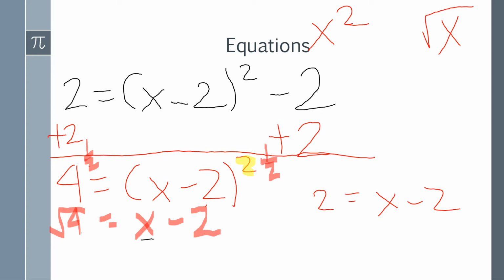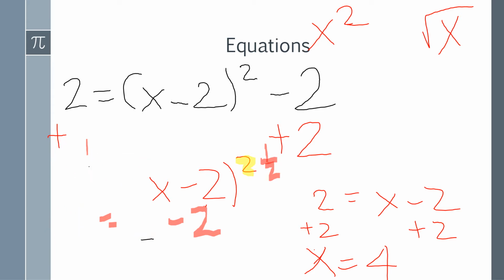All right, so let's finish this up. And remember, we're getting x by itself, so add 2 to both sides. x equals 4. Voila, you have finished the equation. And of course, you can always check your work to make sure that you have a true solution.